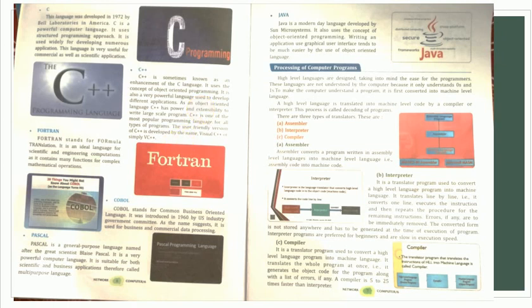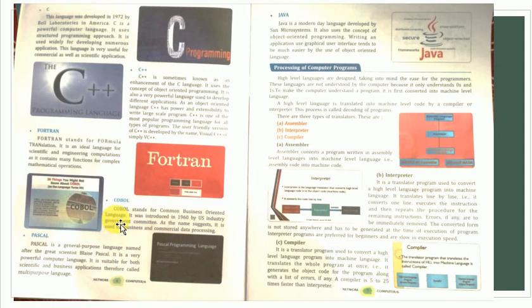And the next one is Fortran. Fortran means formula translation, where FOR stands for formula and TRAN stands for translation, and it is also used for scientific and engineering computation. Next one is COBOL. COBOL stands for Common Business Oriented Language.